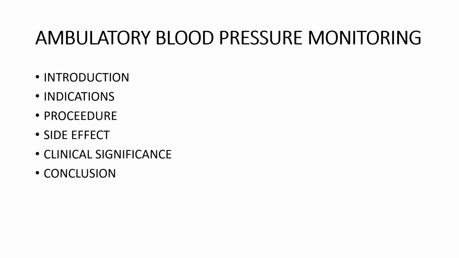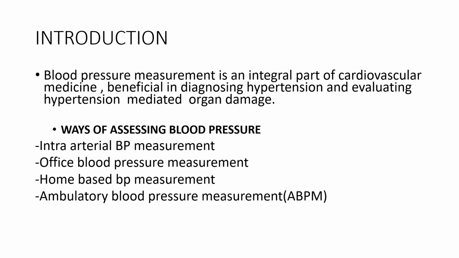There are ways of assessing blood pressure. One, intra-arterial blood pressure measurement. That is like the ideal. It gives the true reflection of the blood pressure. Two, the office blood pressure measurements, either attended or unattended.